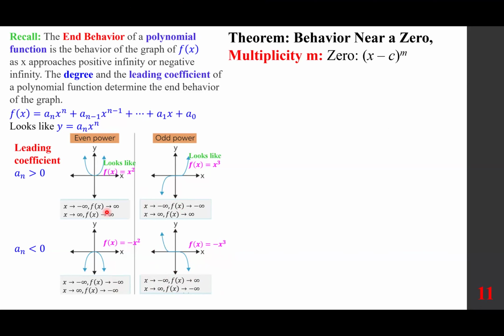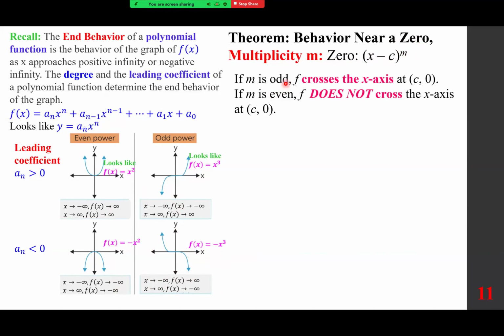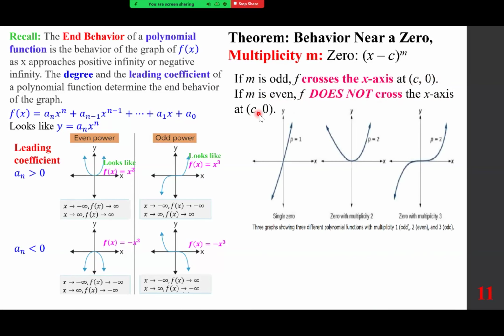We also have a theorem, behavior near a zero of multiplicity m. A zero with factor x minus c to the power of m has multiplicity m. If m is odd, f crosses the x-axis at c, 0. If m is even, f does not cross the x-axis at c, 0. So in this case, we have a single zero.